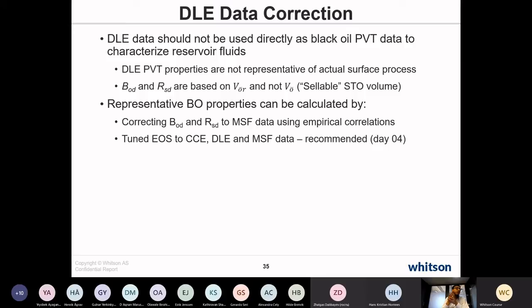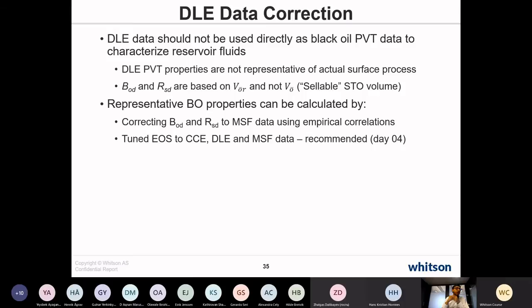Similarly for the CVD experiment, a general rule of thumb is that for gas condensate, that's the go-to experiment if you want to simulate the depletion. For oils, if it's a low GOR oil, for example 1,000 CF per stock tank barrel, a DLE experiment is usually done.